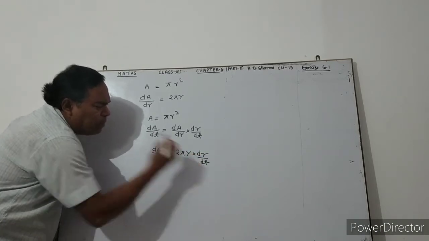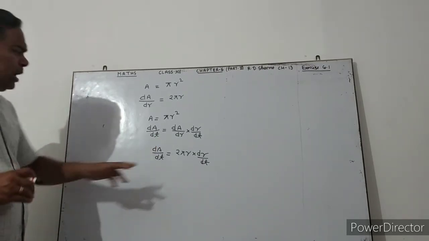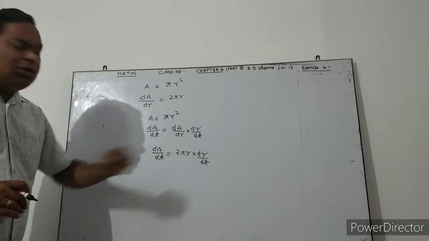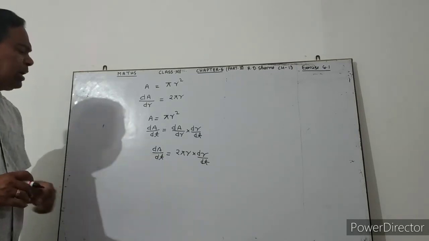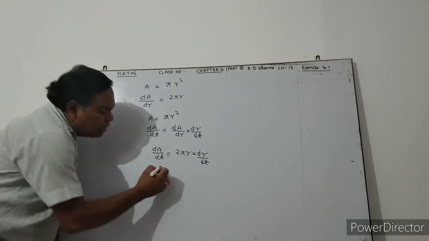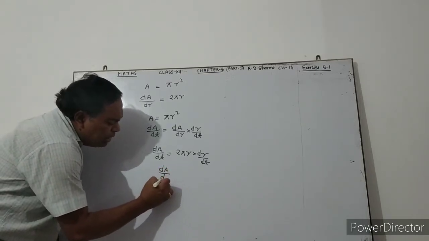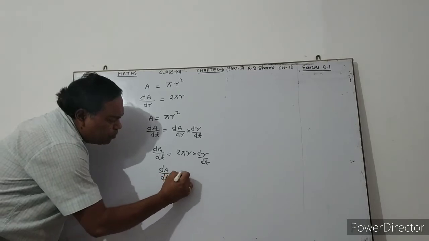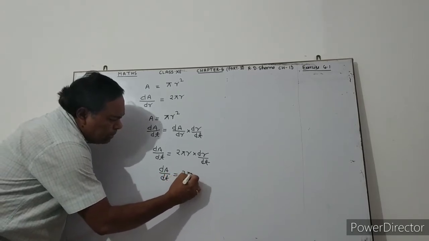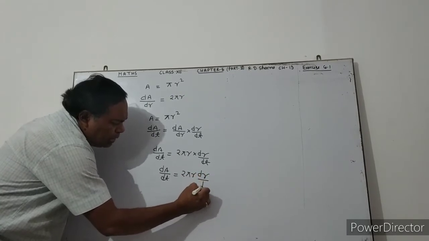What is the dr upon dt? dr upon dt is the rate of change of the radius with respect to the time. What is the dA upon dt? Rate of change of the area with respect to the time. Now then, dA upon dt equal to 2 pi r dr upon dt.